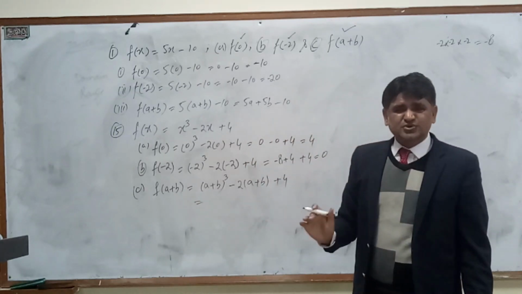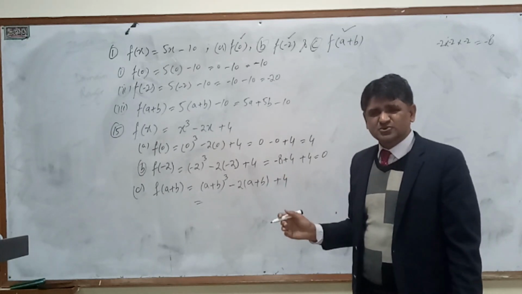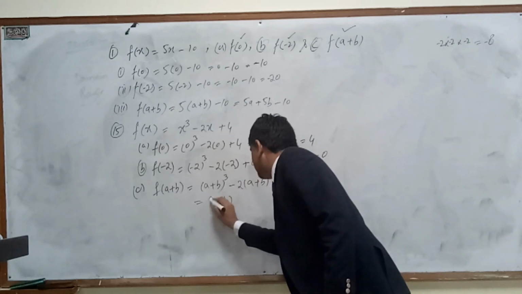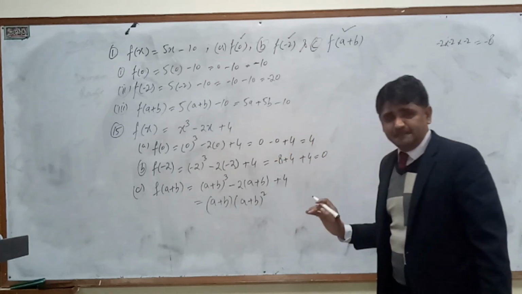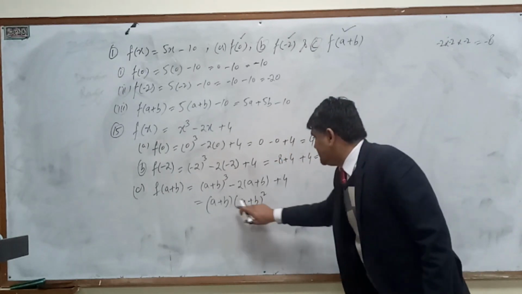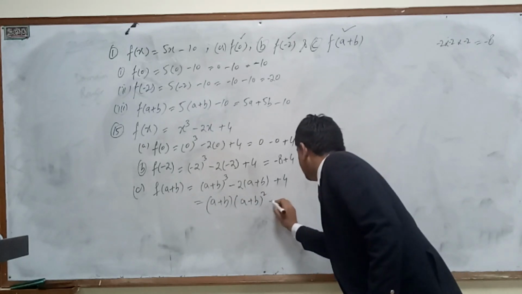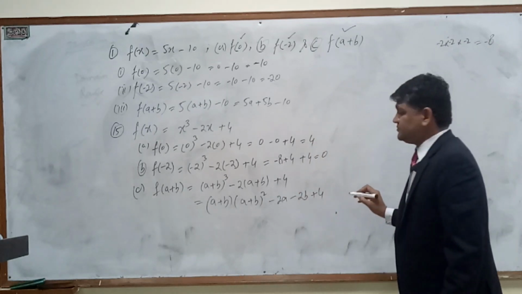If you know the formula of cube, then you can solve it with the cube. Otherwise, you can break it: we can write a plus b into a plus b square. Bases are the same, so powers will be added. Then minus 2a minus 2b plus 4.